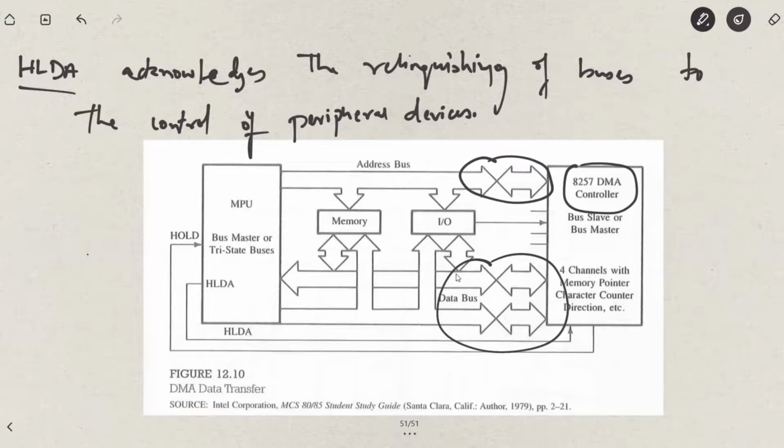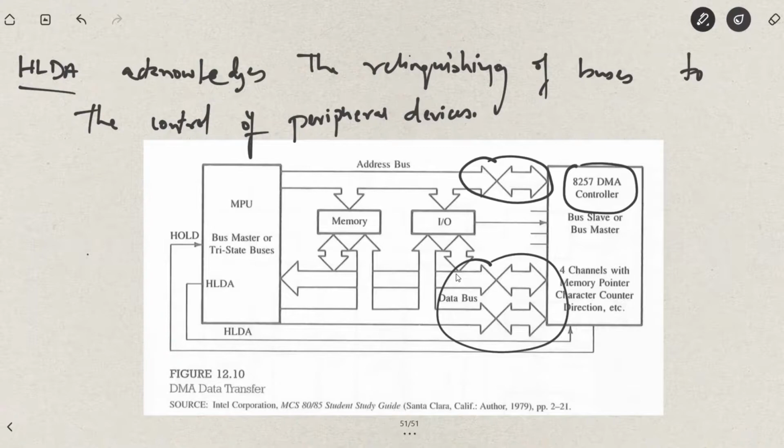This DMA controller is the 8257 DMA controller. It makes use of the memory of the microprocessor by taking over its address bus, data bus, and control bus, and helps whatever peripheral device is trying to access the memory.